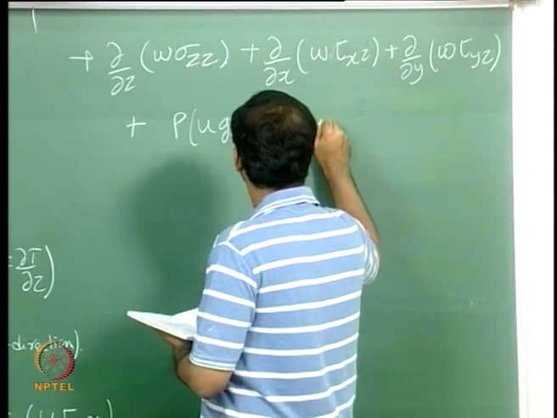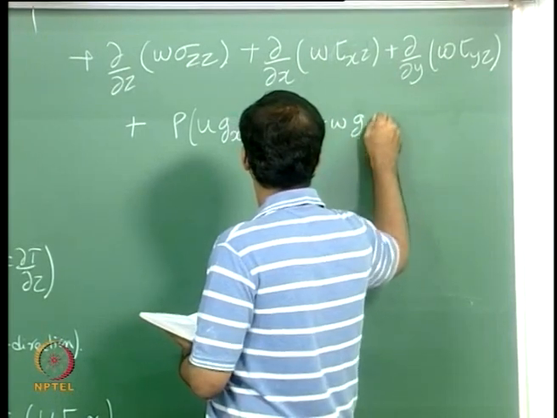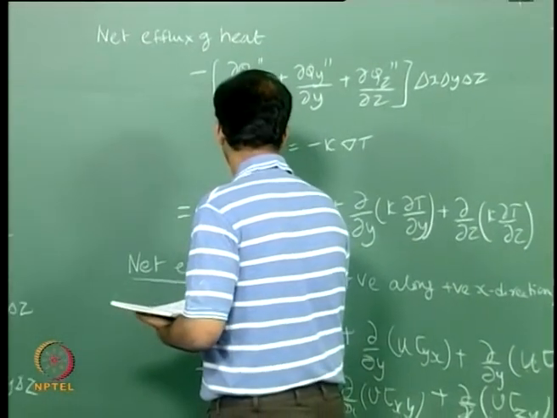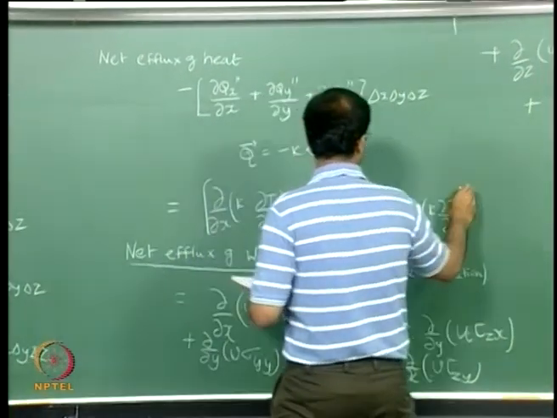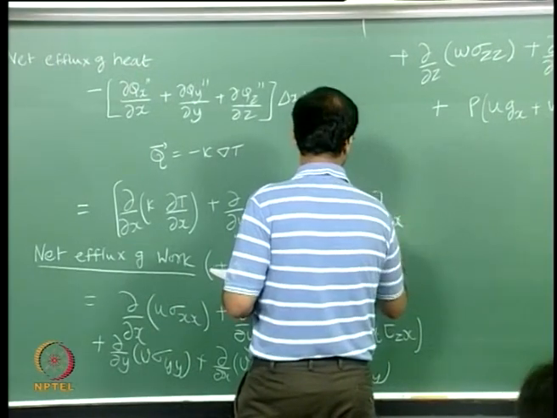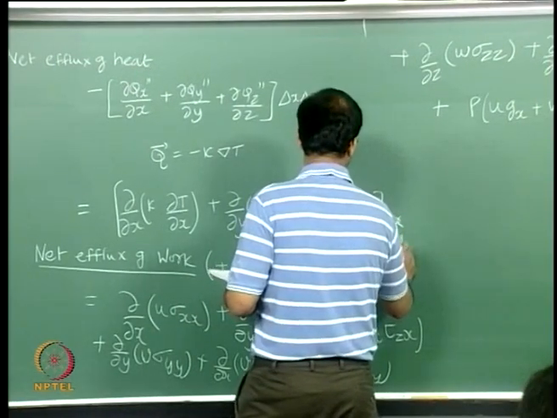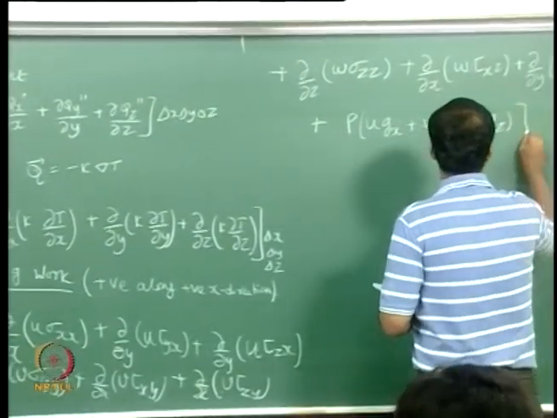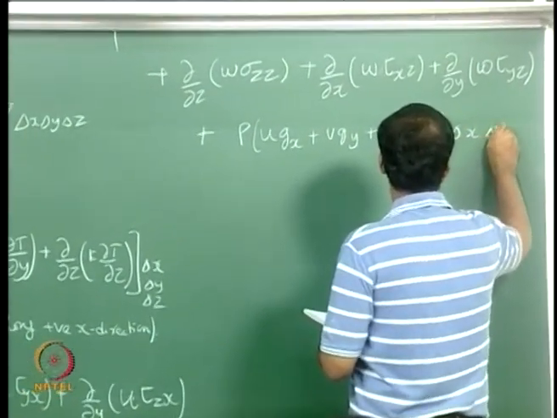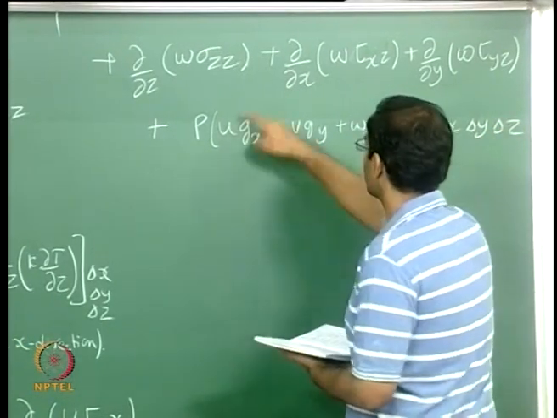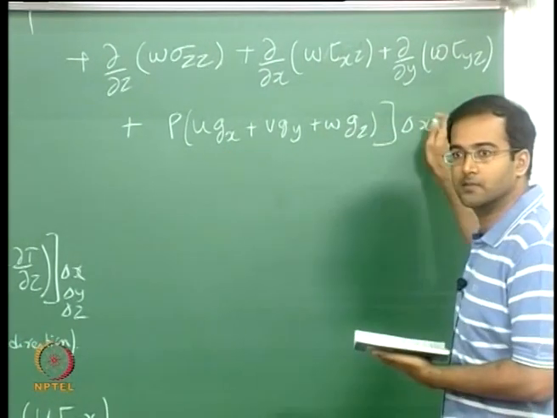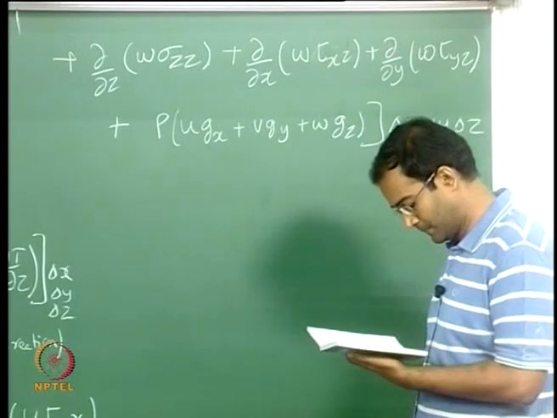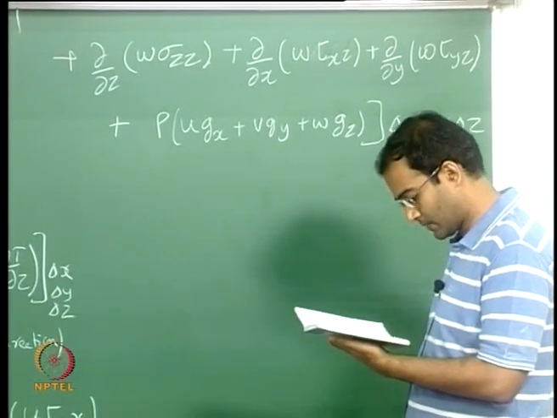Now this entire expression I have to multiply by the volume, because this is a volumetric force. The other ones, you know from the Taylor series expansion, have delta x delta y.